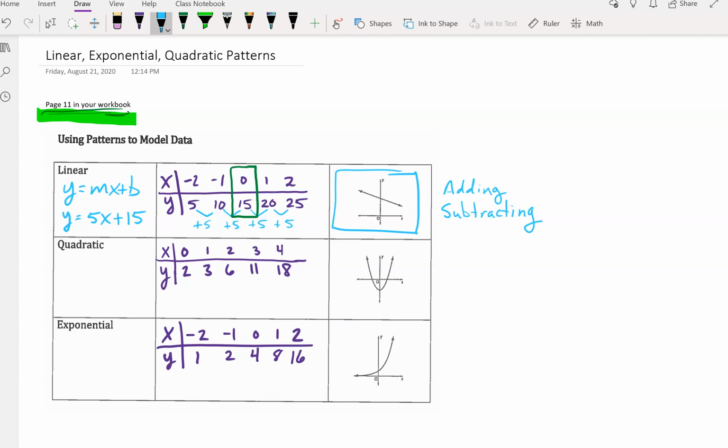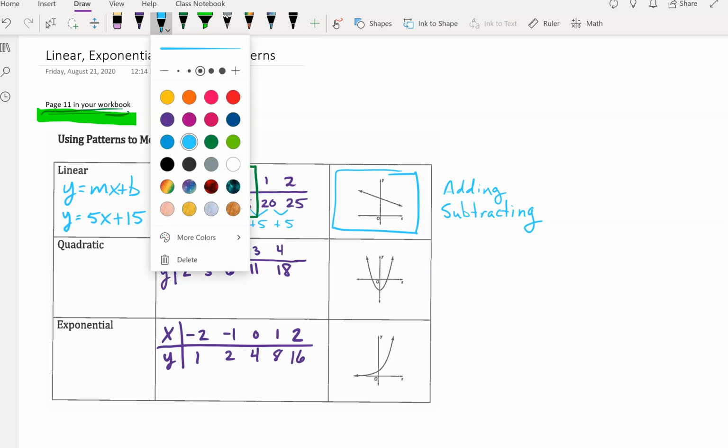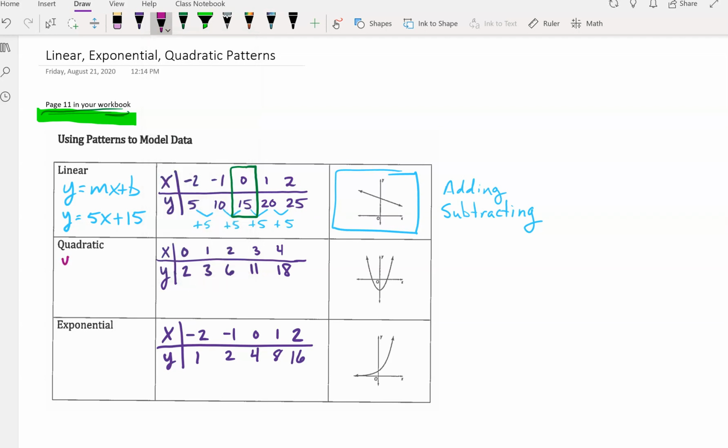Okay? So let's move on to our next, the quadratic right here. And quadratics are going to be in the form y equals x squared. That's the parent function for the quadratic. And it's going to have an x squared term sometimes, or every time, and possibly an x term in the formula, and possibly a constant.